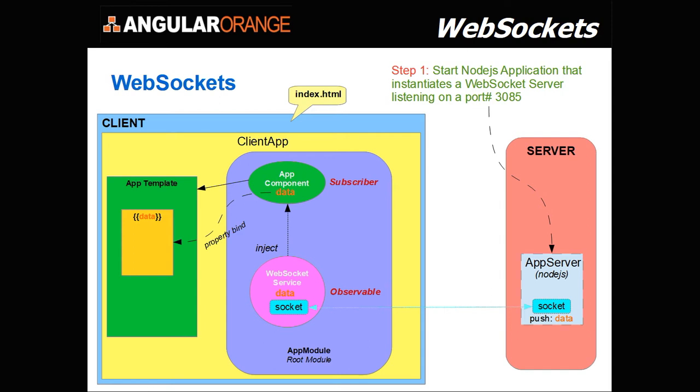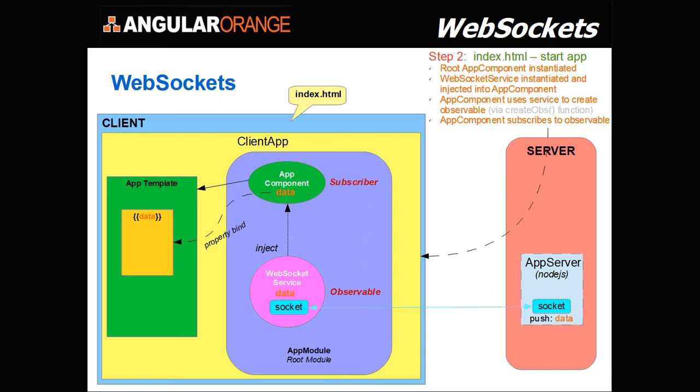And so for the first step, you start the Node.js application that instantiates the WebSocket server, listening on the port. Step 2 is you hit on the index.html. It starts the application. The root app component is instantiated. The WebSocket service is instantiated and injected into the app component.